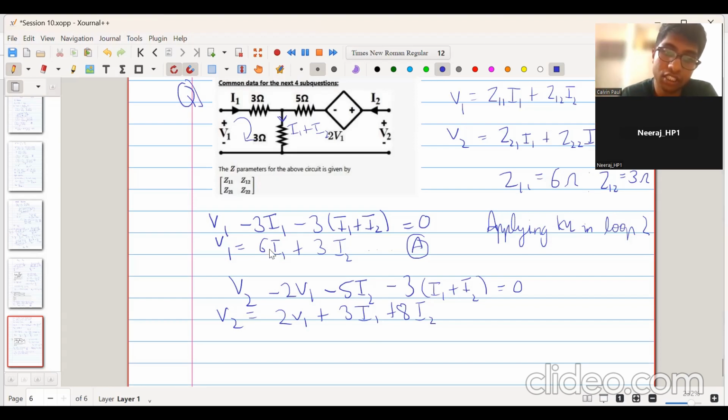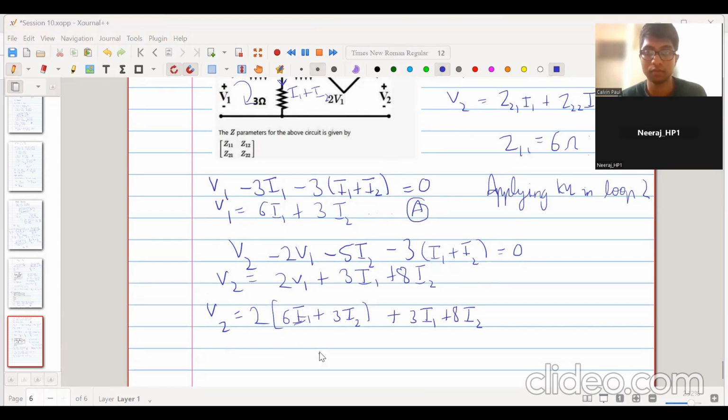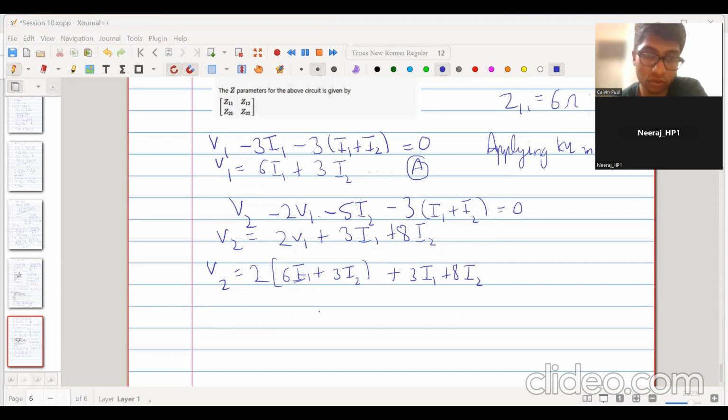Now, V1 we know is 6 into I1 plus 3 into I2. So we get V2 is equal to 2 into (6 into I1 plus 3 into I2) plus 3 into I1 plus 8 into I2. So we get V2 to be equal to 12 into I1 plus 6 into I2 plus 3 into I1 plus 8 into I2.